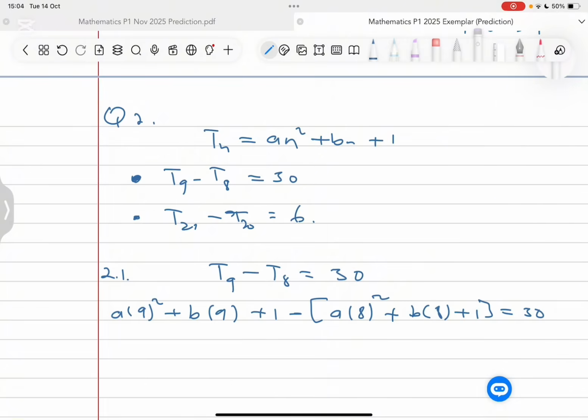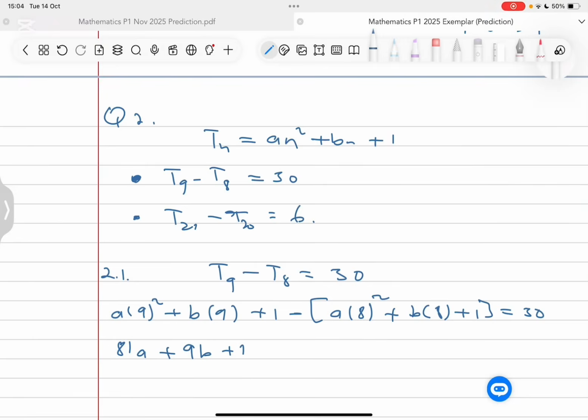All that's left here is really to simplify this so that I can have a very nice simplified equation. We know that 9 squared will be 81, so this means I'm going to have 81a and here I'm simply going to have 9b plus 1.